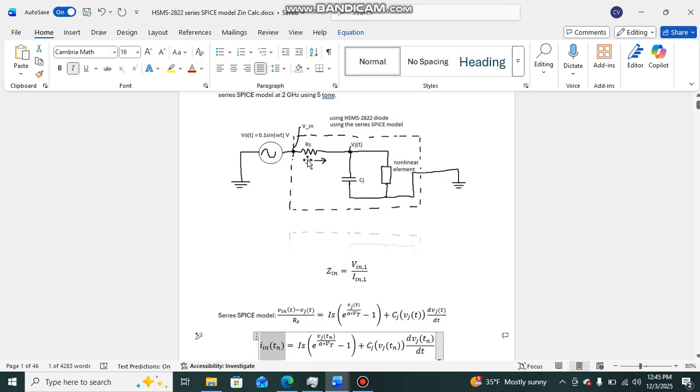And the current is going through your junction capacitor. This would be the current in your capacitor, plus the current going into your nonlinear element, which is the Shockley diode equation.